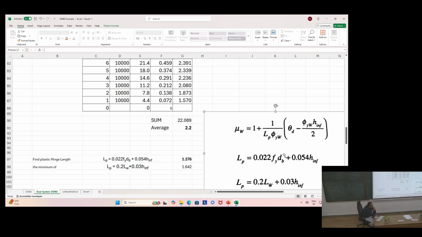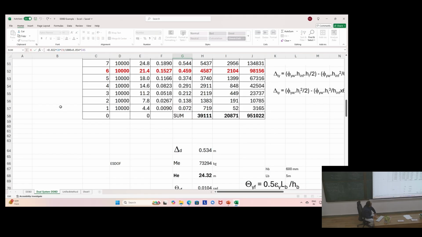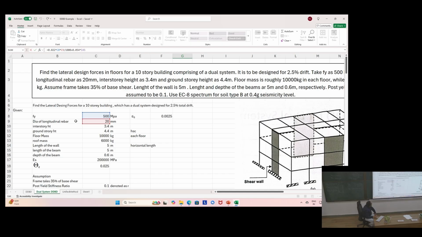B2 divided by... So 0.002 C8 times C9, which is 500 times 20, divided by 1000.